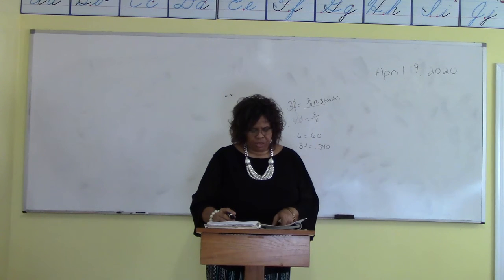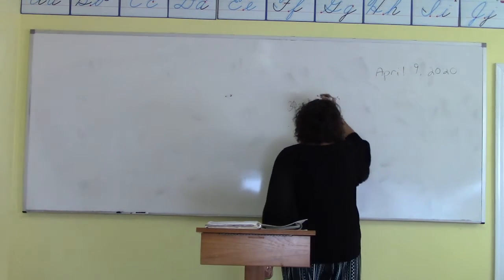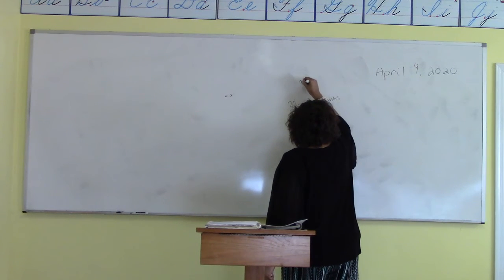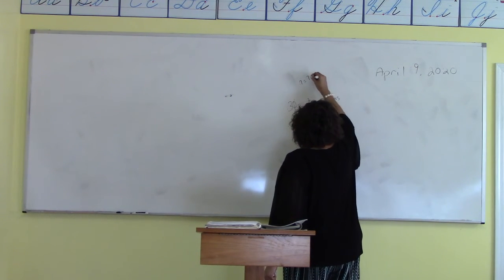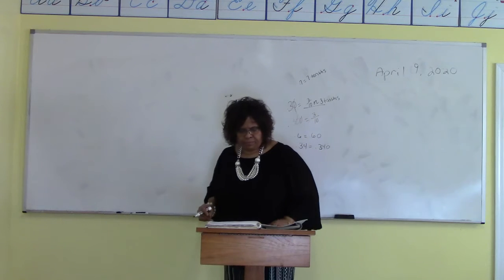Okay? Number 6, write these decimals as number words. If you have 0.7, this would be 7/10. That's all they're asking. Words. You put the words there.